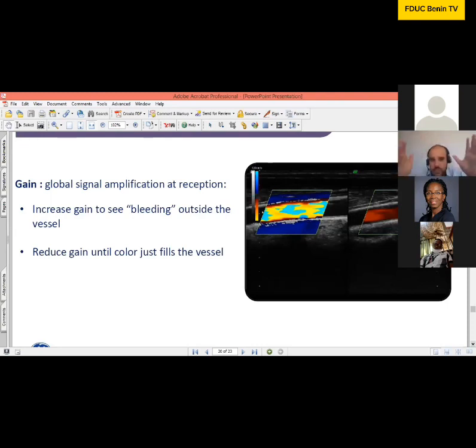You know, this global signal amplification is usually present at the bottom of the screen. On the 2D button, you have the gain of 2D, and on the color Doppler, you have the gain of the color Doppler. Try to play with that. Increase it a lot, and you will see that you have bleeding outside the vessel. And if you reduce the gain, then you will get less color.